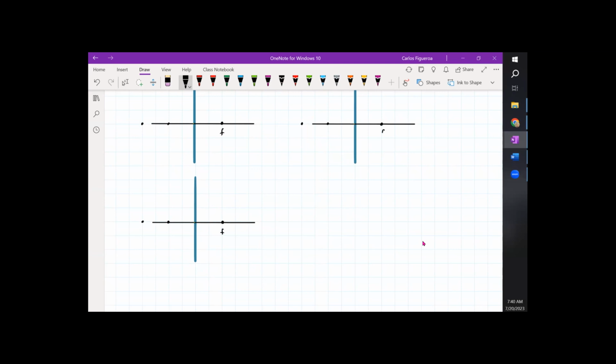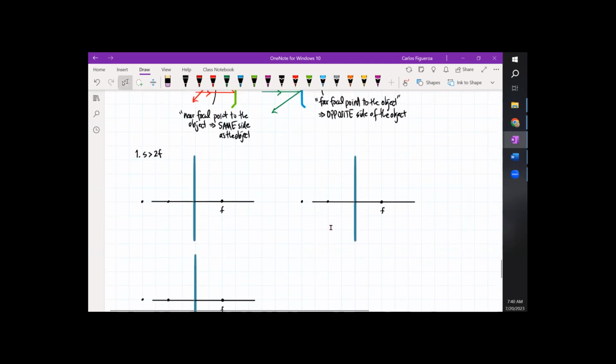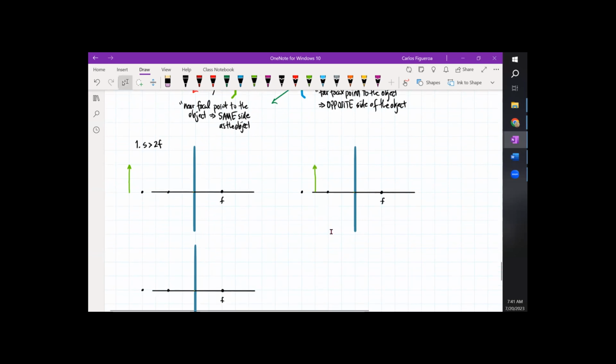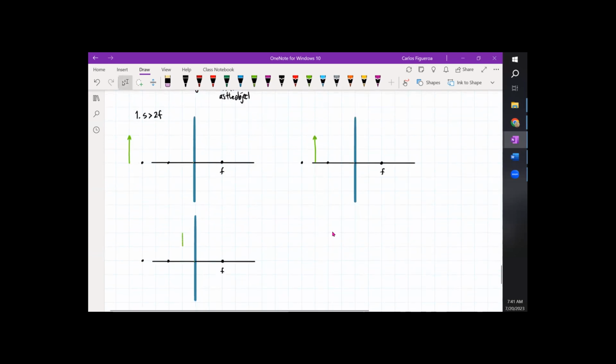I don't care about anything else. So here's my first object. And my first object is going to be outside of 2F. Then I'm going to go inside of 2F. And then I'm going to go inside of F.